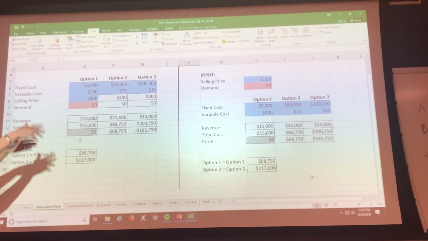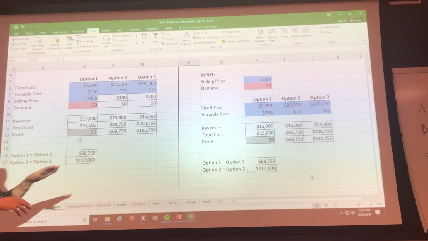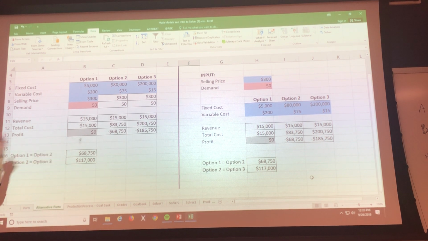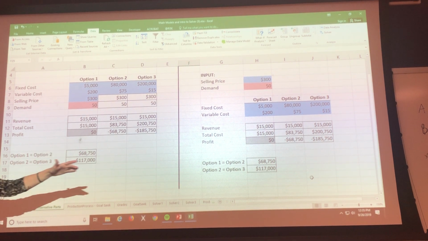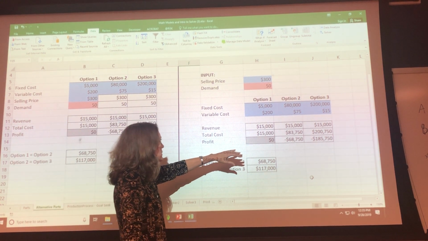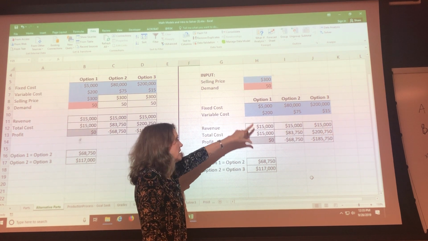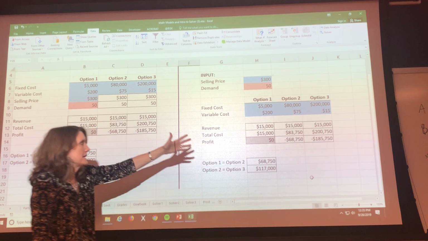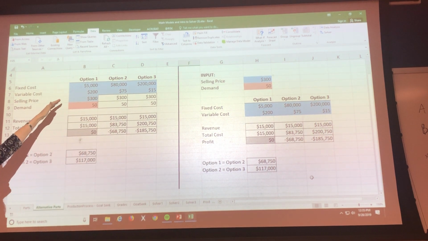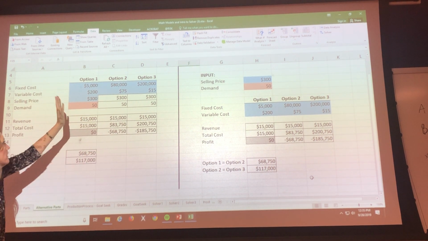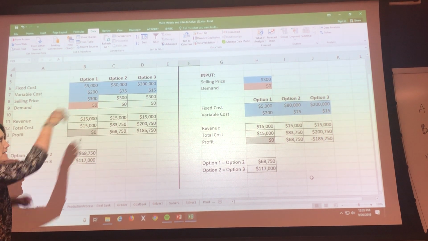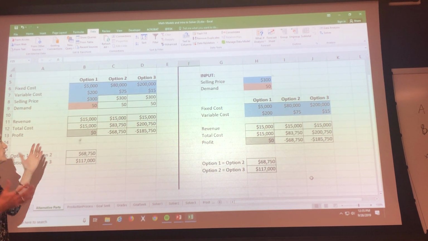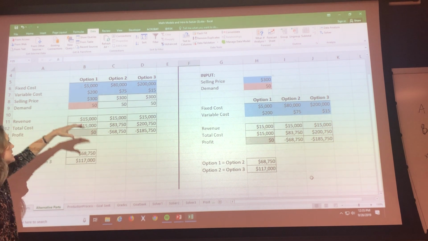Maybe you would rather put the options in columns instead of in rows. Well, then you'd have something, this is not exactly a flip of that, but you just could set it up this way. Or maybe you want to set it up where you've got everything, none of it's separated out, like selling price and demand, maybe none of that's separated out, in that case, revenue's not separated out.